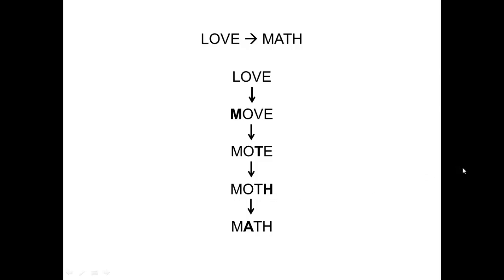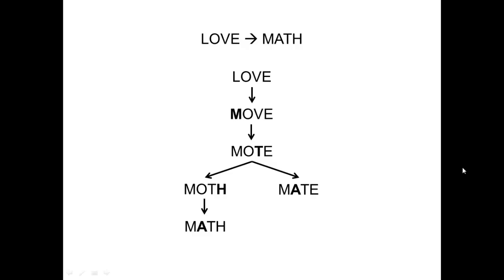Instead of changing mote to math, we could have changed mote to mate, and then gone from mate to math. So this points out simply that when we're verifying identities, there can be multiple ways of getting to the same destination, multiple ways of being right, and thus your way and someone else's way may have been different, but you're both absolutely correct.